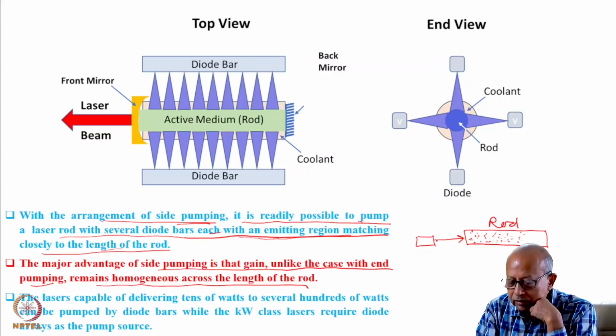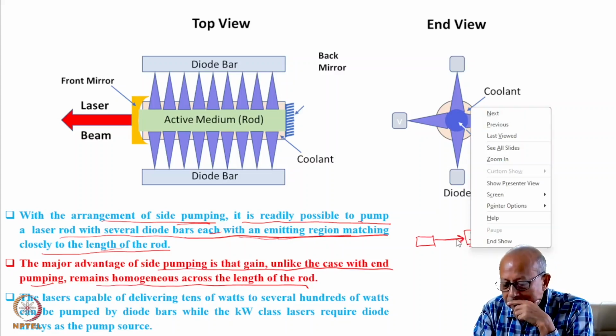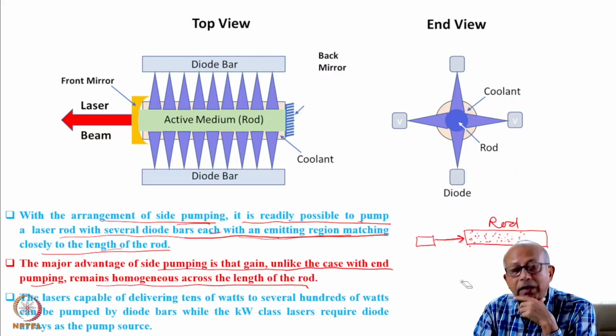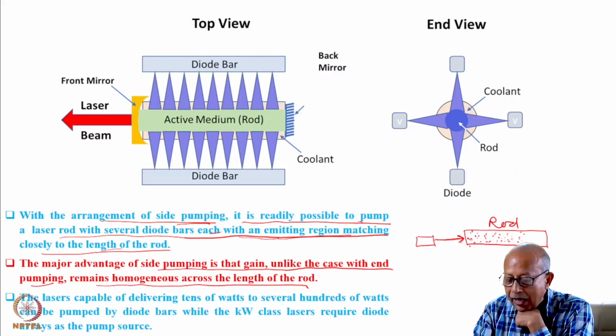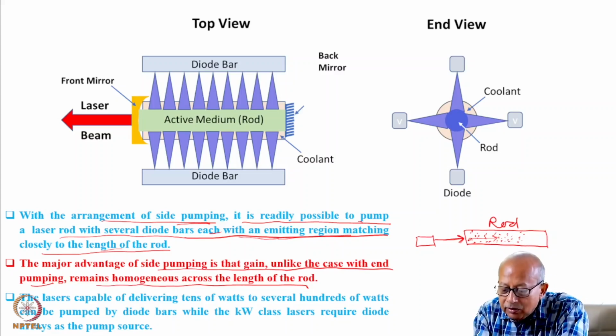Now as this pump beam enters, at the entrance its intensity is maximum, and as it keeps moving, its intensity keeps on reducing because these atoms are absorbing photons from this beam.